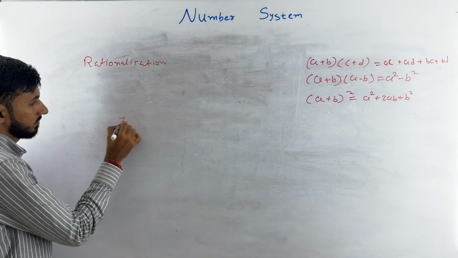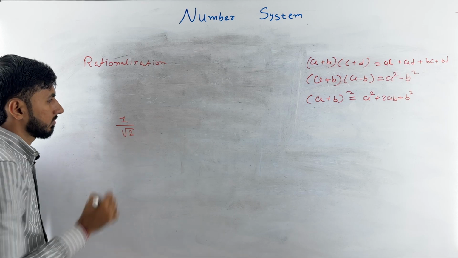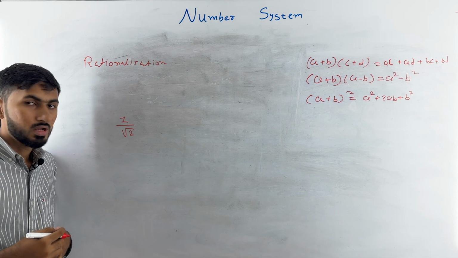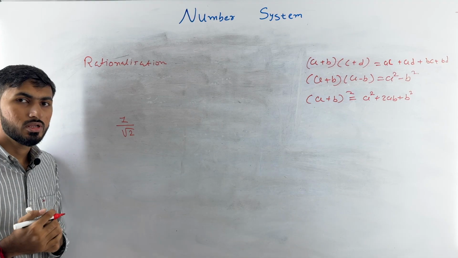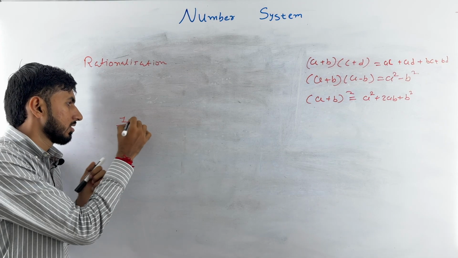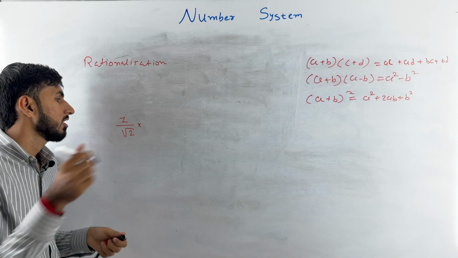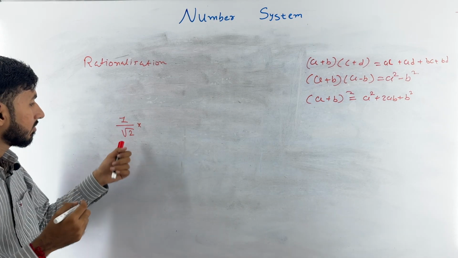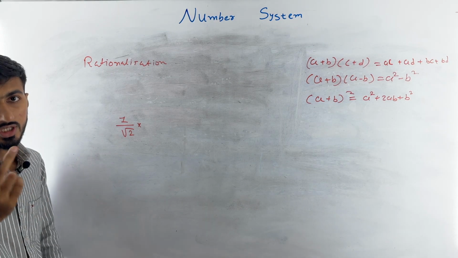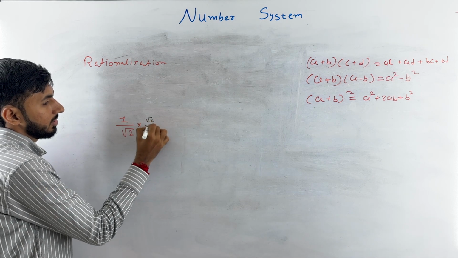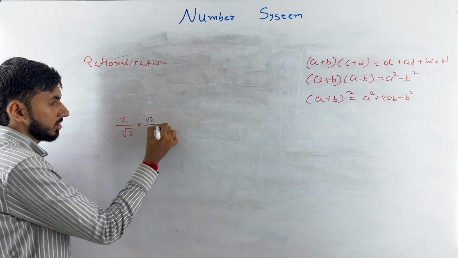What I am saying is, when we have root 2 in place of denominator, what if I want to convert the denominator in the simple form? I can do one thing: what if I multiply and divide it with the same number such that my denominator will become a rational number from irrational number? What if I multiply and divide it with root 2, right?